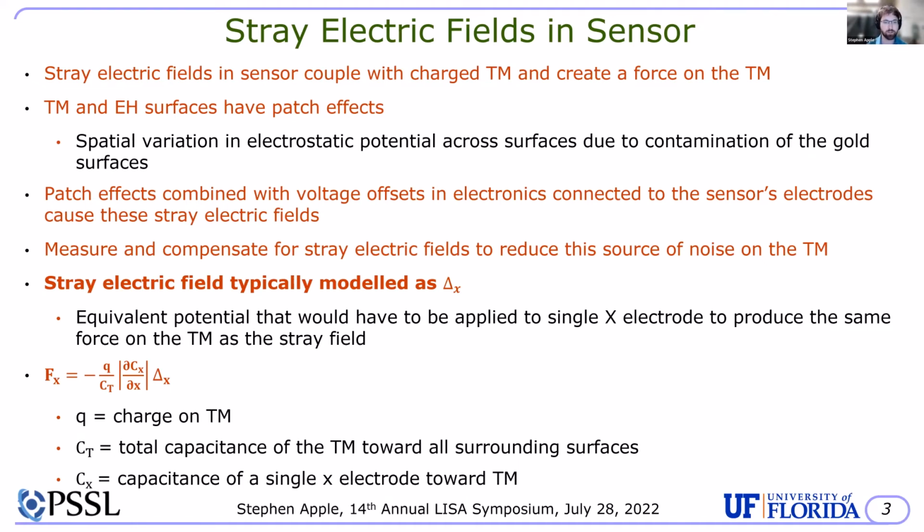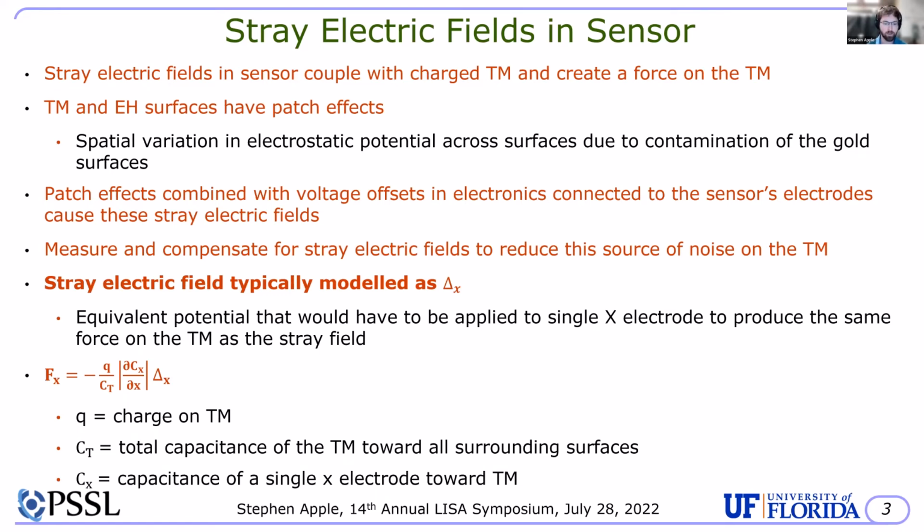The test mass and electrode housing surfaces have patch effects, which are caused by spatial variation in the electrostatic potential across the surfaces due to contamination of the gold surfaces. These patch effects, combined with the voltage offsets in the electronics connected to the sensor's electrodes, can cause these stray electric fields. So it is very important to have a means of measuring and compensating for them in the sensor.